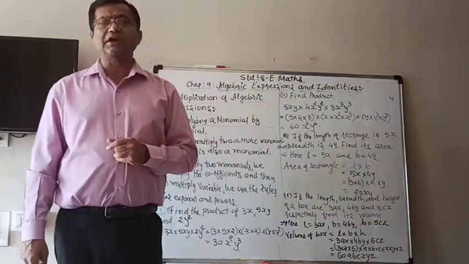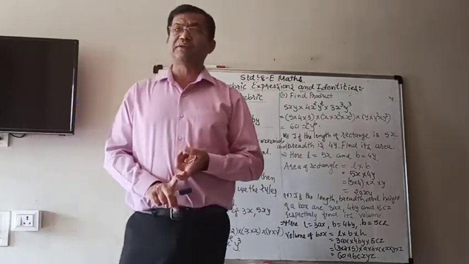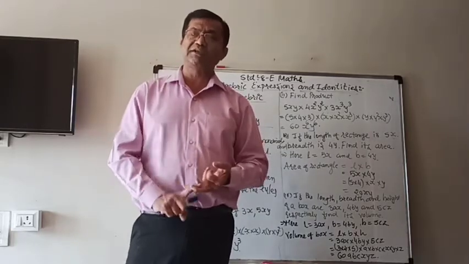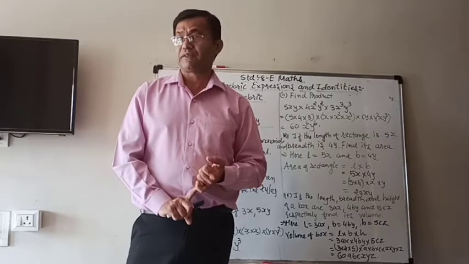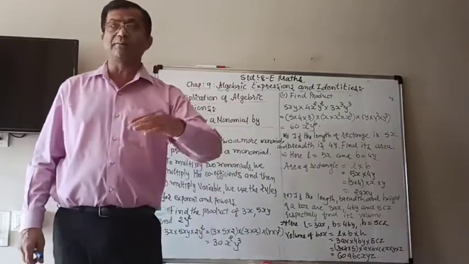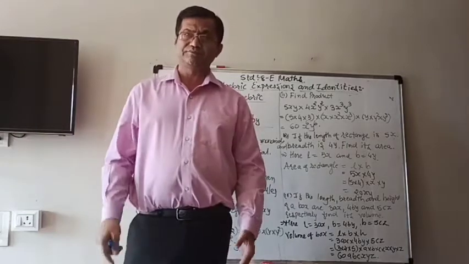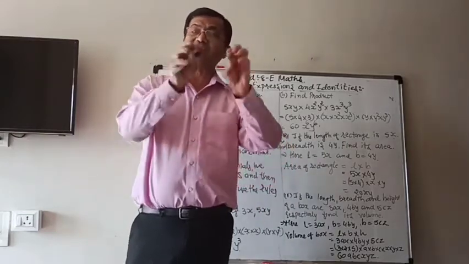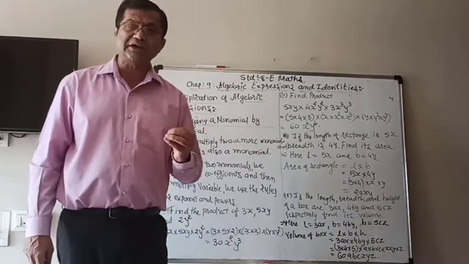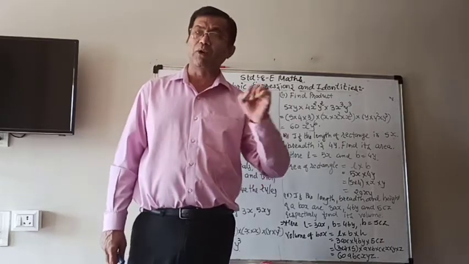You have to remember that when we multiply monomials, no matter how many are multiplied, the product again is a monomial only. It does not become a binomial or trinomial, because when we multiply them, there will still be only a single term.